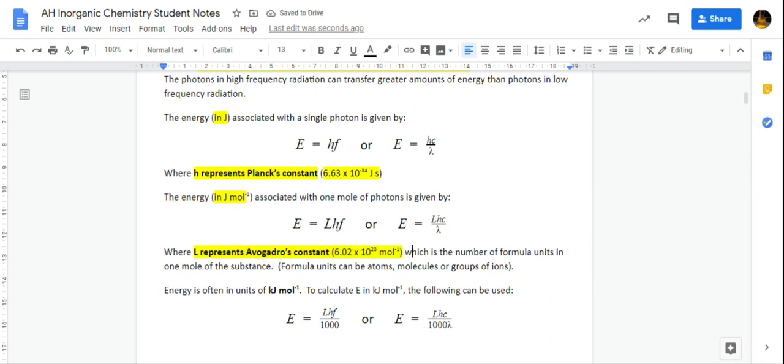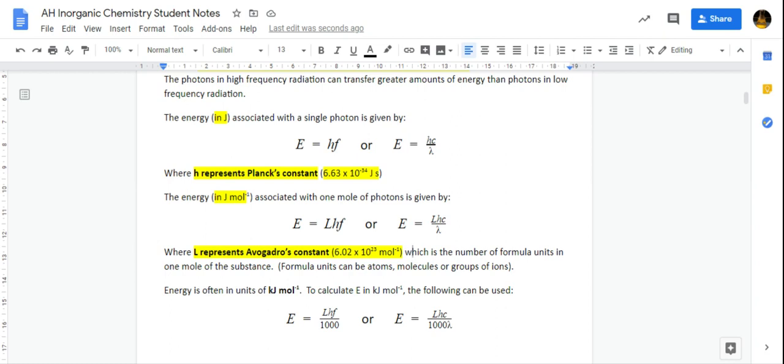It's the number of formula units in 1 mole of a substance. So it could be the number of atoms in 1 mole of a metal, or the number of molecules in 1 mole of water. But this is the only place that you will use this in Advanced Higher Chemistry.